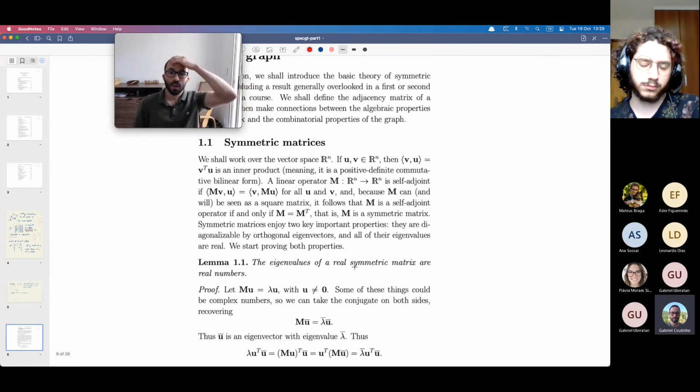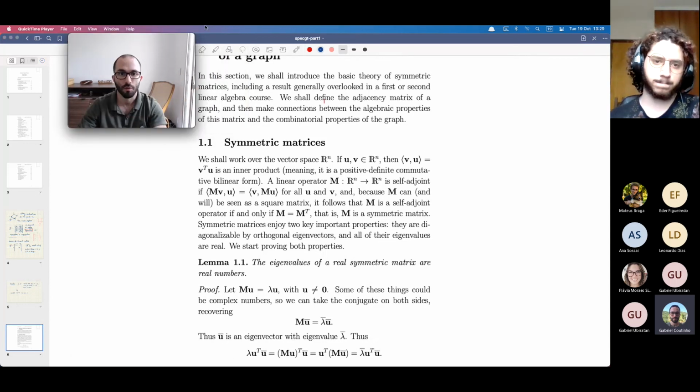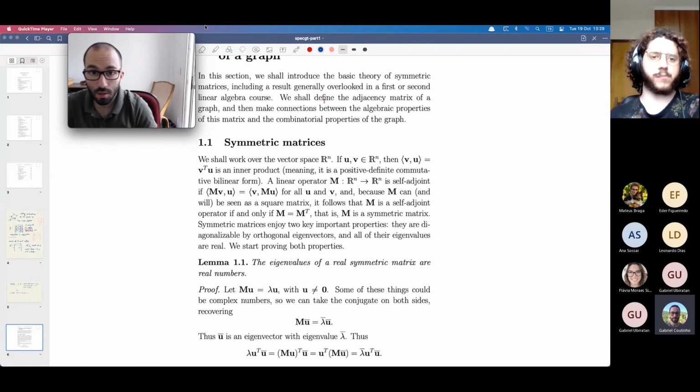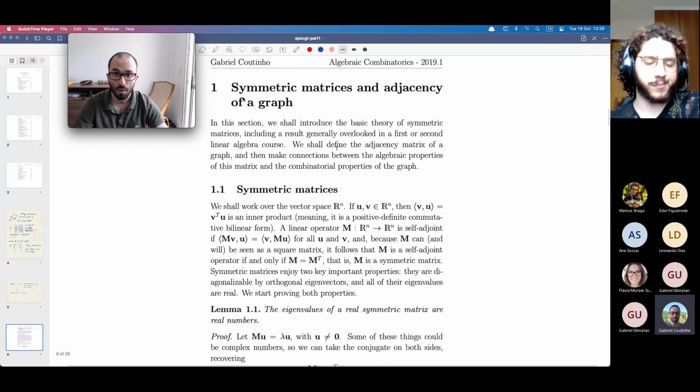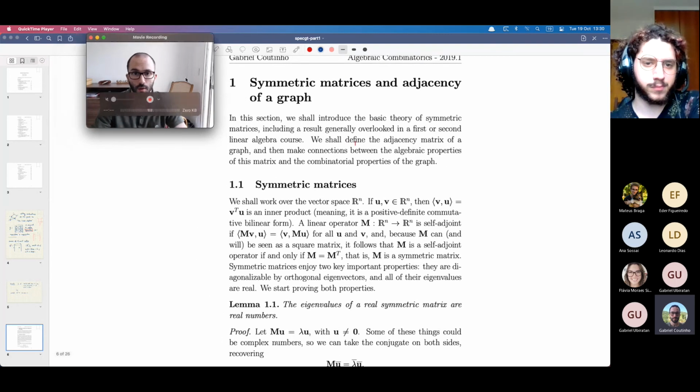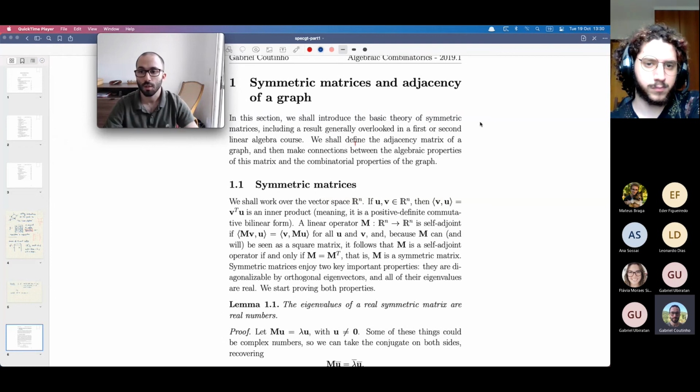Across this course, we will typically be assuming that our graphs have n vertices.